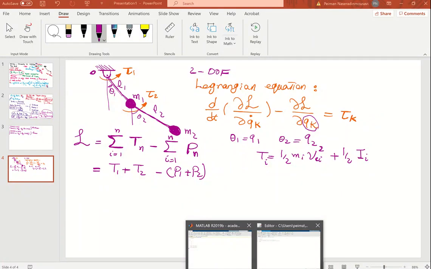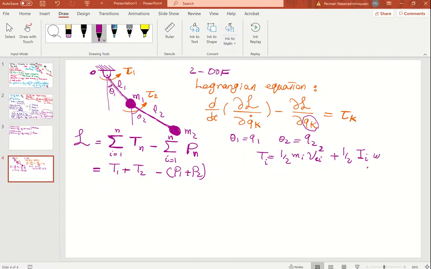Understand that? This I_i is the mass moment of inertia, and this omega_i is the angular velocity of that link of the robot.